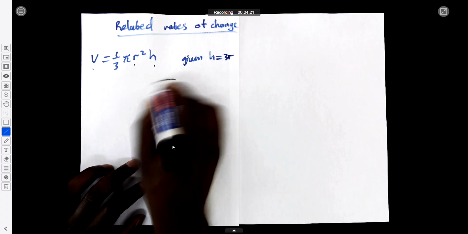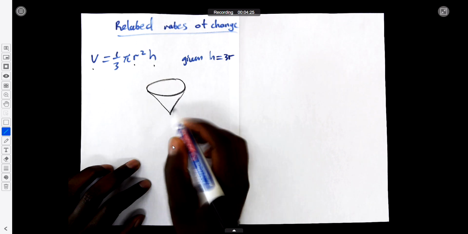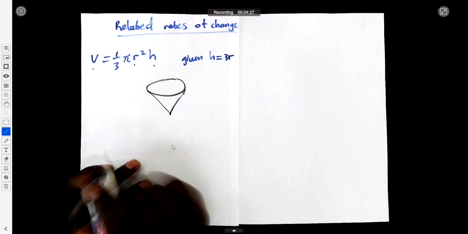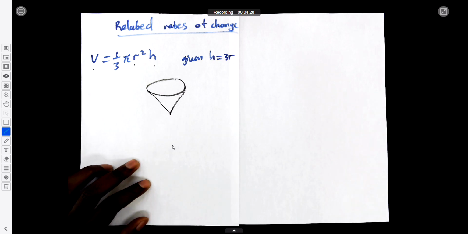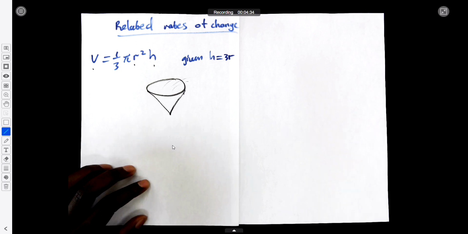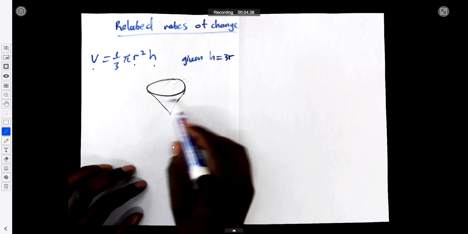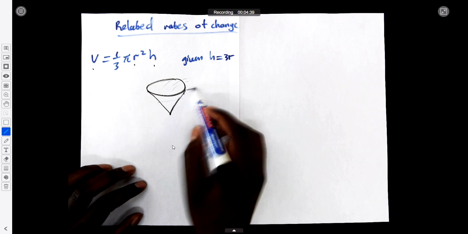let me just draw the cone. Say we're talking about a case of filling in water, putting water in that cone, or ice cream. If you keep on consuming it, I want you to see something here.